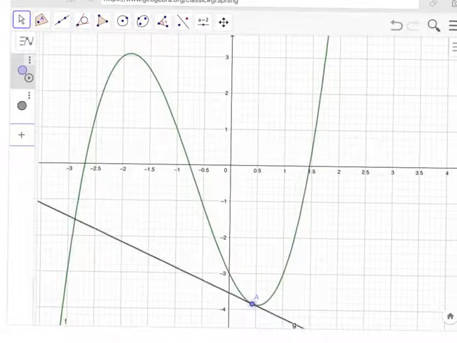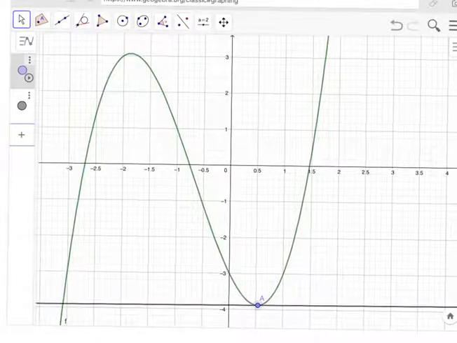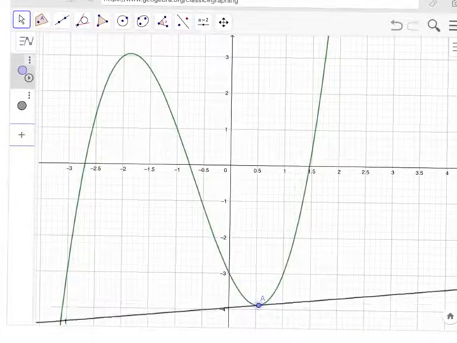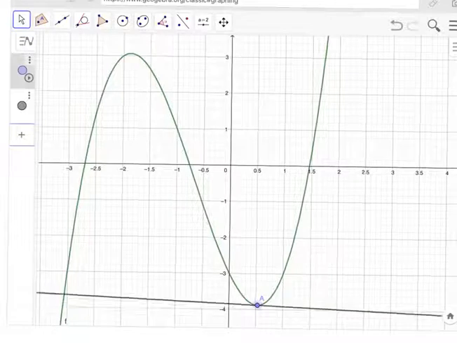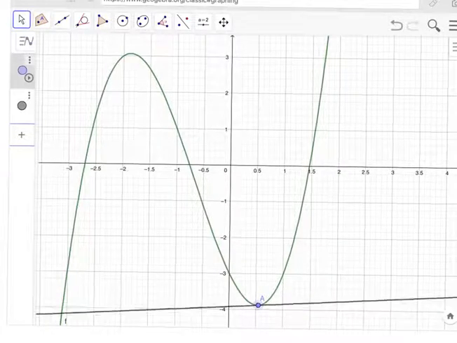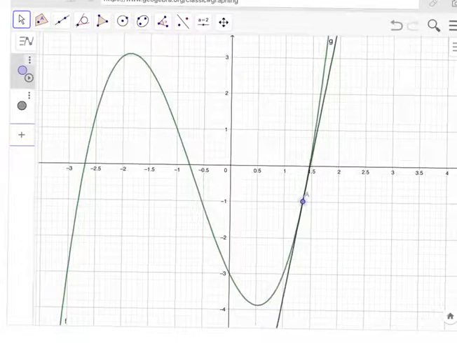So now I come closer to the turning point. You can see the tangent is parallel to the x-axis, and the gradient of this tangent will be 0. So therefore, I applied that knowledge here.